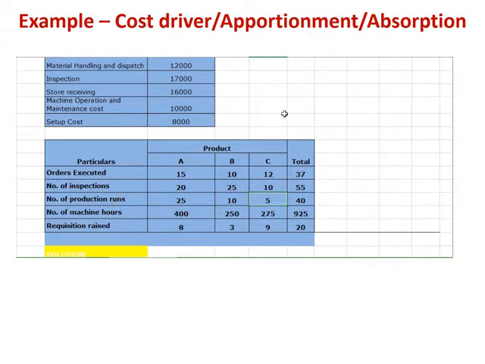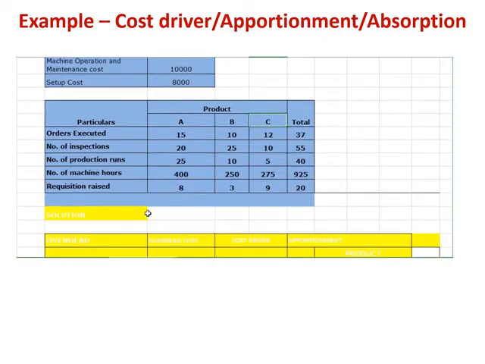This is the question, and now we need to find the cost driver and apportion the cost that had occurred in the various overheads to the products A, B and C. Now we'll see the solution.